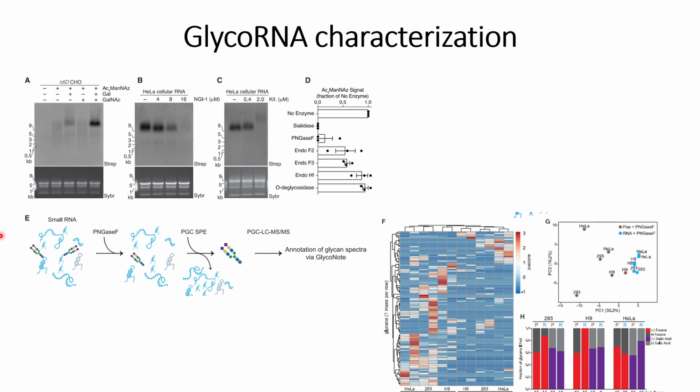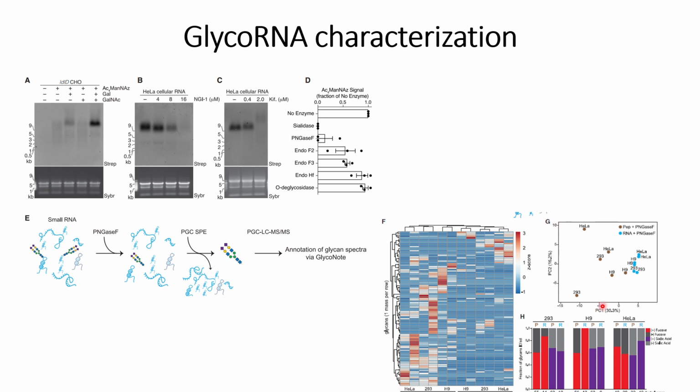They did the same experiment with peptides from the same cell lines. The first observation is that there is less variability in the glycans from the small RNA compared to the glycans from the peptides.